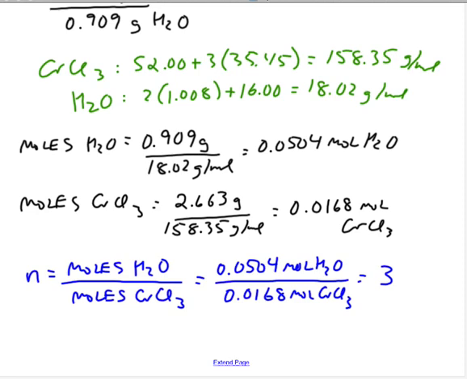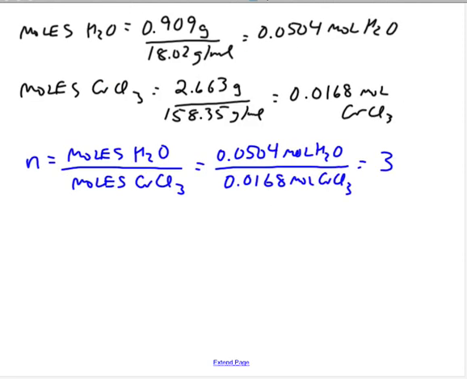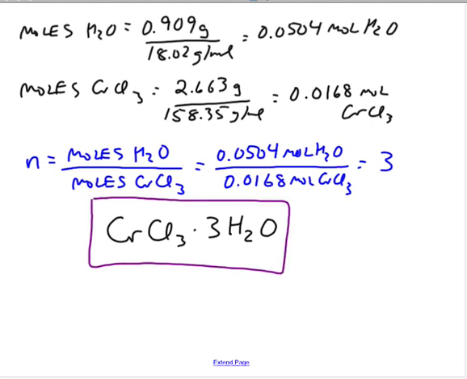If you don't get something really, really close to an integer at this step, you know you made a mistake. Go back and check your math. So that lets me conclude the problem by writing the full formula, chromium 3 chloride dot 3H2O, or trihydrate. And there is my final answer.